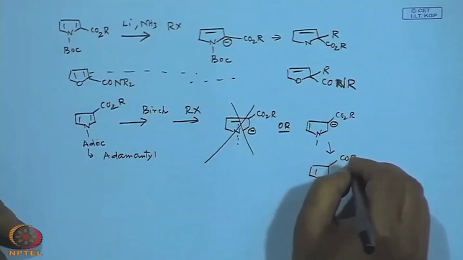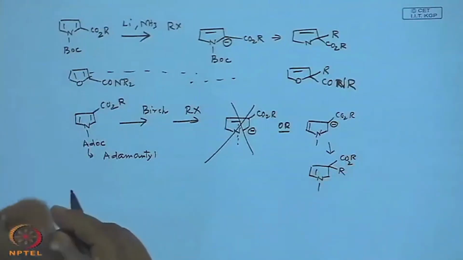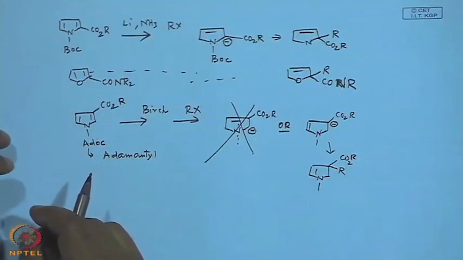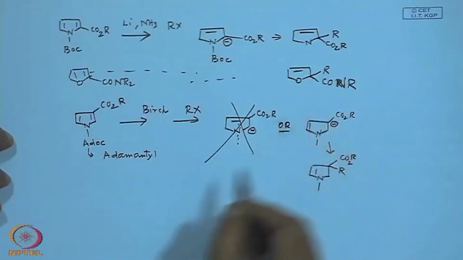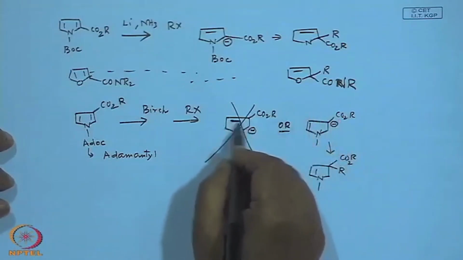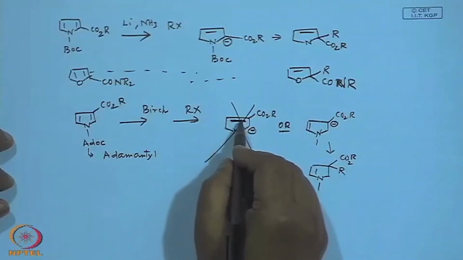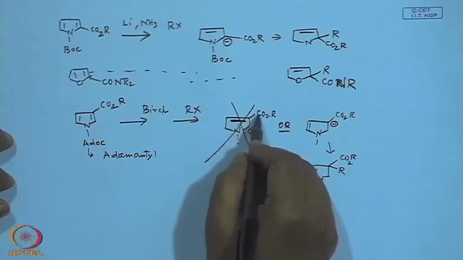So, you have this ester group here and the R is attached alpha to the ester, the carbon being stabilized by the ester. In this case it is not de-aromatized, it can undergo further reaction, however this is conjugated to the ester group.